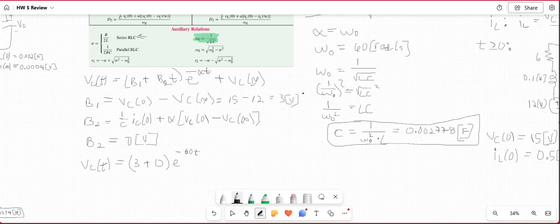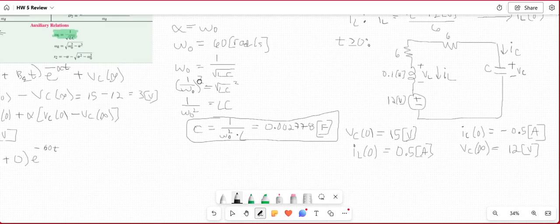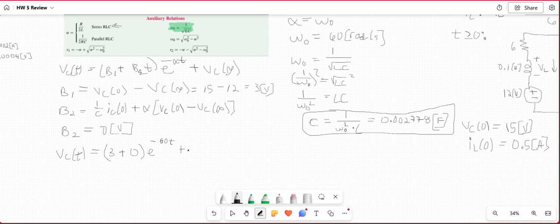And then plus VC of infinity. VC of infinity, come back over here, it's 12 volts. So VC of t equals 3 e to the negative 60t plus 12 volts. And that's the answer.